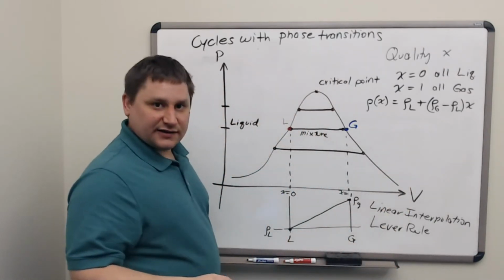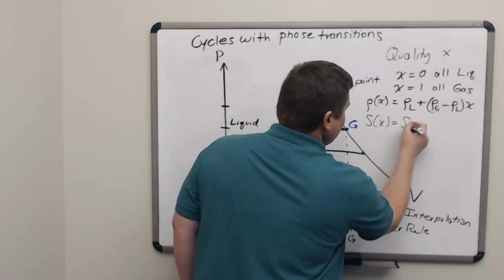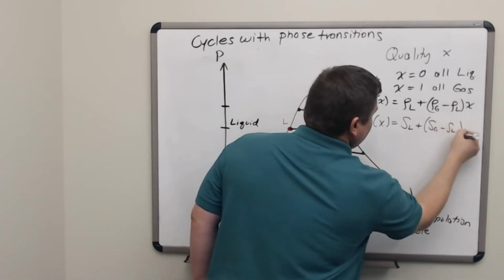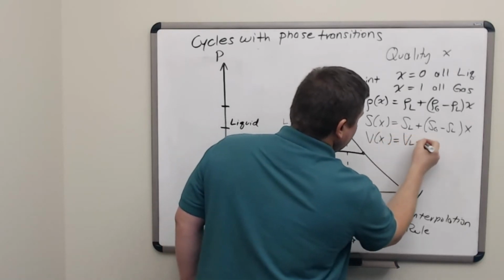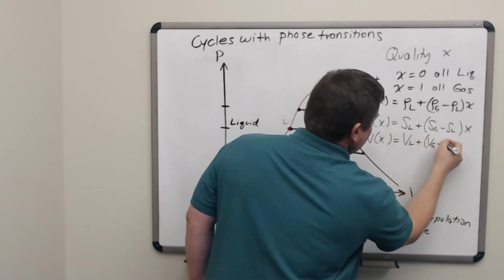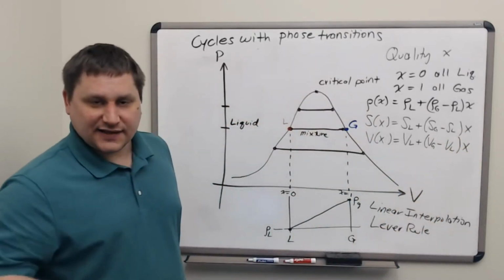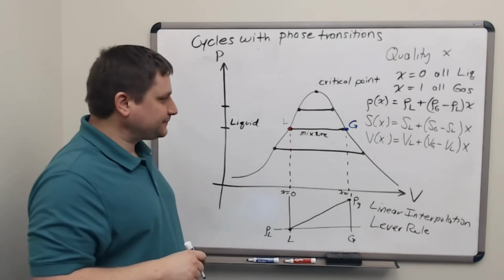Any other quantities, such as the entropy or the volume, have the exact same form of their relationship to the quality factor x.